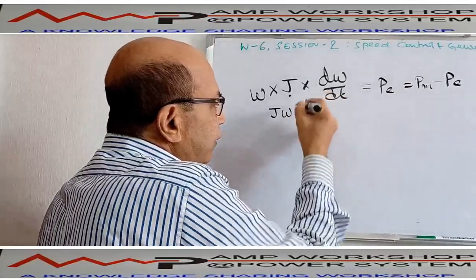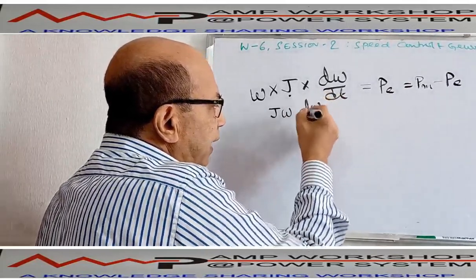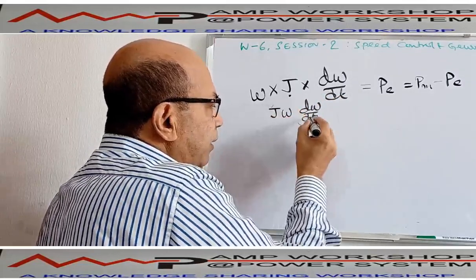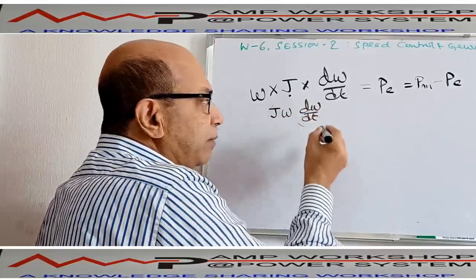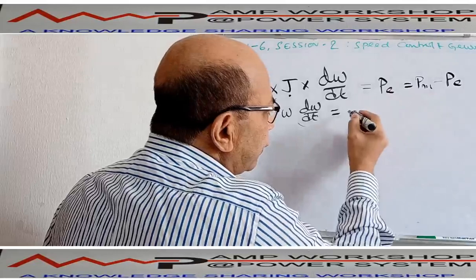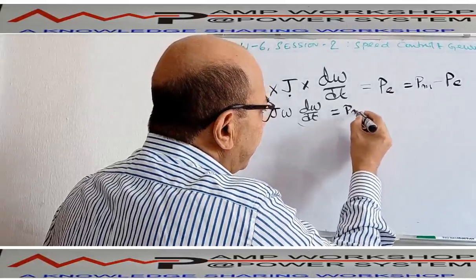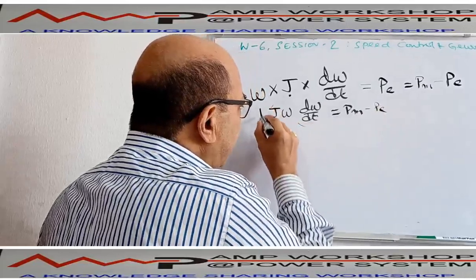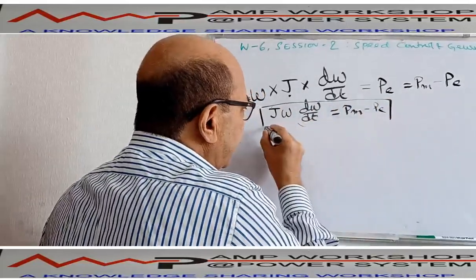D omega by dt is the change of angular speed with time, that is the acceleration, and that acceleration multiplied by inertia gives the torque, which multiplied by omega gives the power. That is equal to Pm minus Pe. So this is the dynamic equation of the turbo generator set.